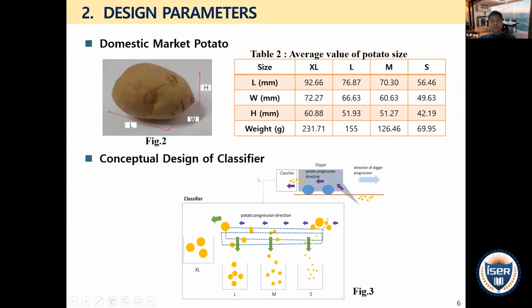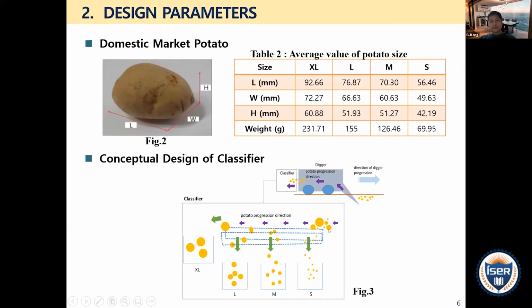This figure shows the conceptual design of the classifier. The principle of the potato classifier is that the digger digs potatoes from the soil and separates the potatoes from soil, and they turn into the classifier.